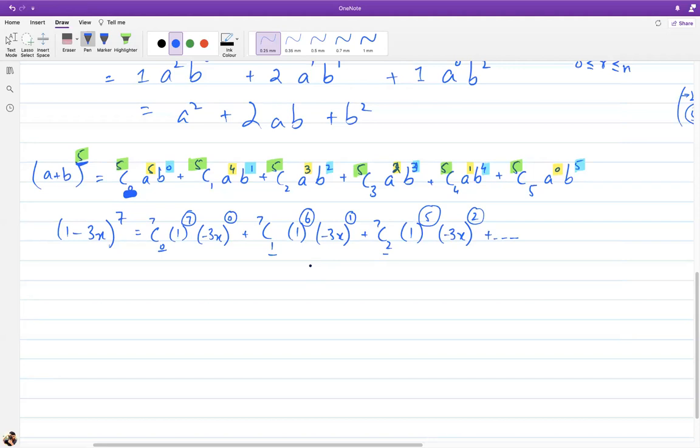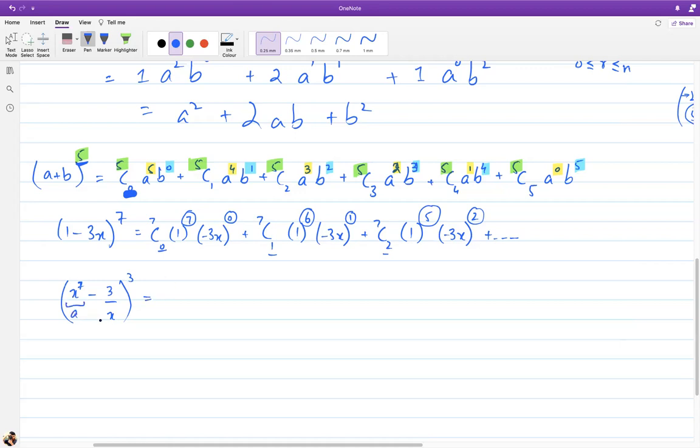Okay, that's one. They ask you to expand a term. They can give you a question like x to the power 7 minus 3 over x, whole power 3, and they say, okay, expand this. So no problem.